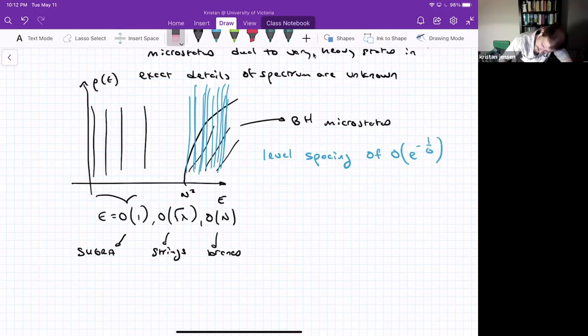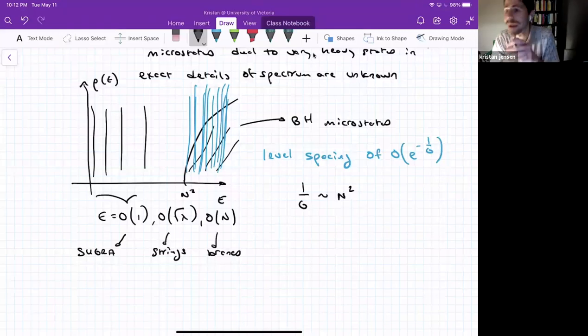And the dictionary in that case has G Newton, or 1 over G Newton, roughly of order N squared. So the level spacing will be non-perturbatively small at large N. And we know a lot for N=4 about the light part of the spectrum. Superconformal symmetry helps us a lot.